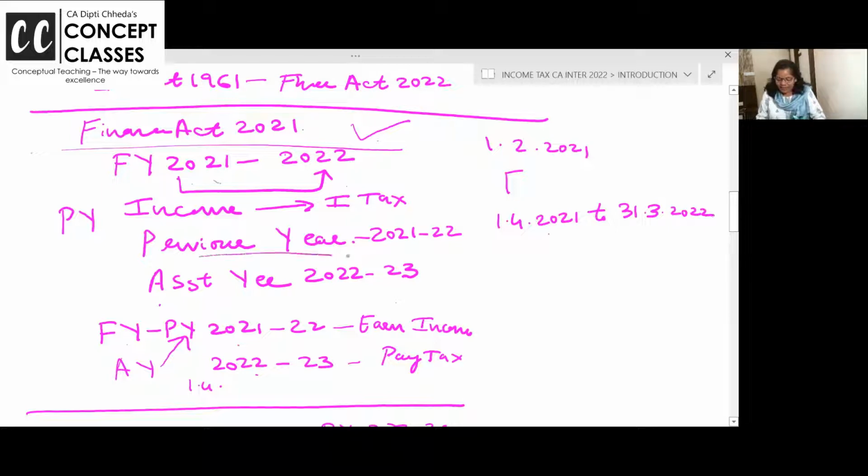And why do we call it previous year? Actually, it's the financial year in which we earn the income. But for 21 and 22, once 31st March 22 is over, next year, I will assess the income of the previous year, 21-22, and pay the tax to government in next year, that is 22-23.